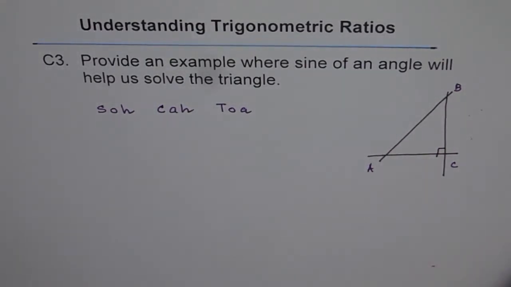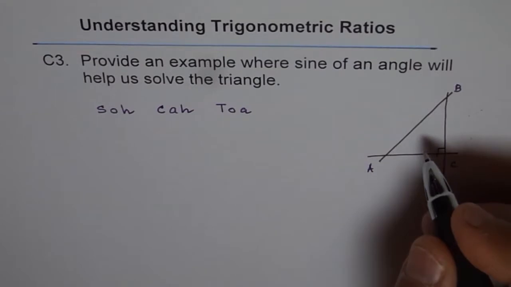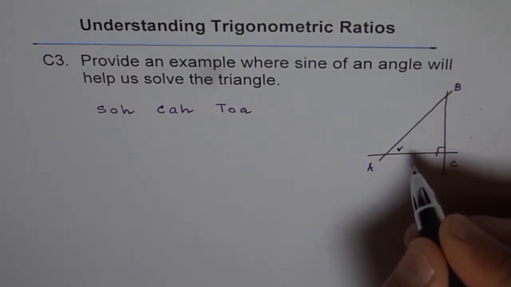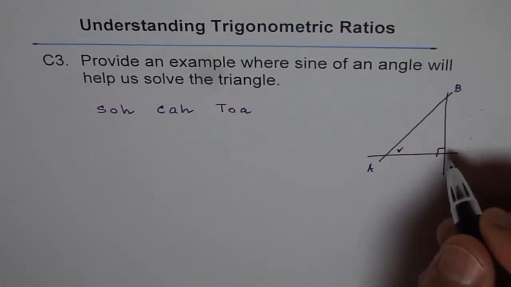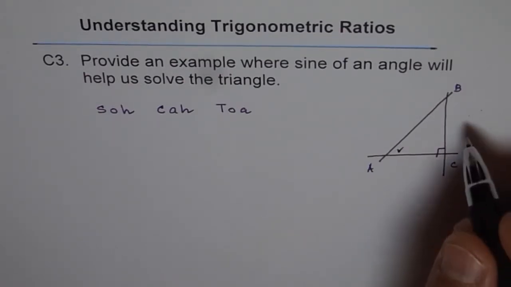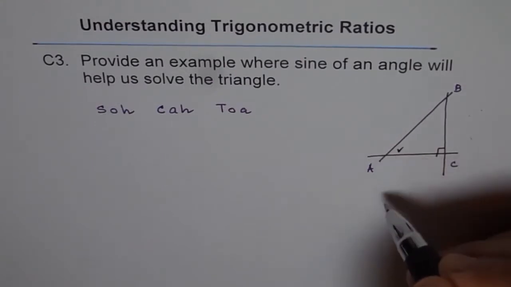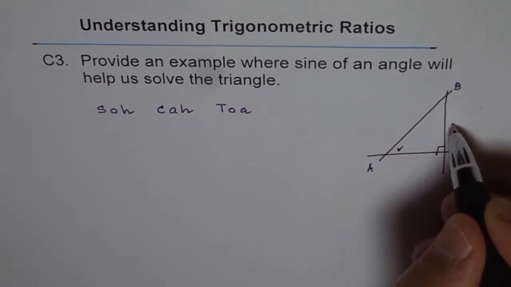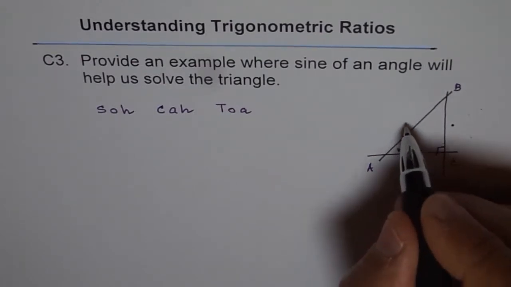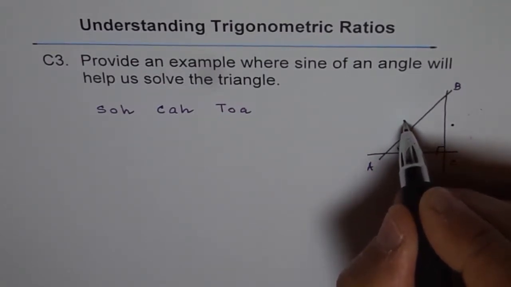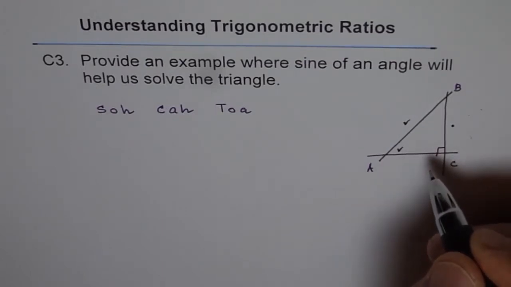Now which one to be used in a given situation? Let's consider we are dealing with a problem where we know two things and we need to find the third thing. Most of the time that is going to be the case. Let us consider a case where one angle is given to us and we need to find a different side and we know the hypotenuse.